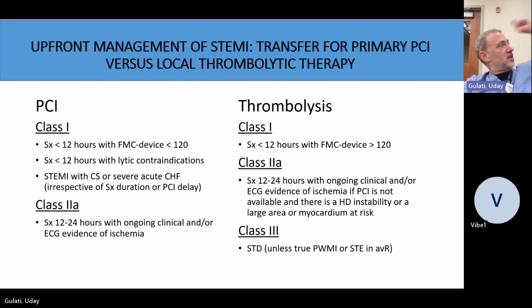All right. You can see up there under where it says class 2A, there is a benefit 12 to 24 hours with ongoing clinical or ECG evidence of ischemia. But the time frame goes out the door if they present in shock or if they present with acute severe heart failure. If they had pain 2 days ago, STs are up, they have some Q waves.